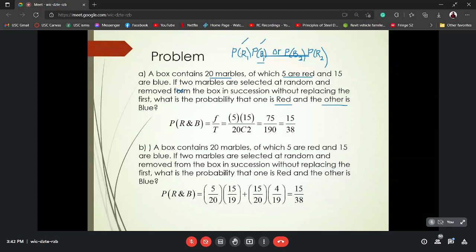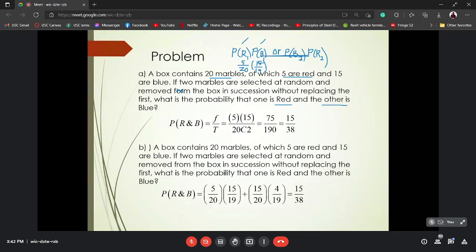So how do we solve for the probability of red in the first draw? Take note there are 5 red, so I will divide this by 20. That's the probability of getting a red marble in the first draw. Then the probability of blue, since there are 15, but this time only 19 marbles left because one marble has been removed.